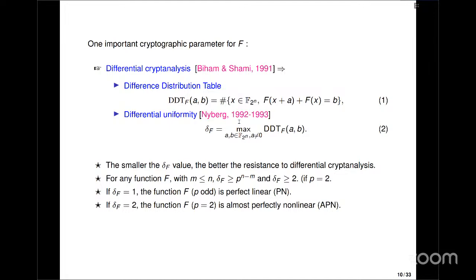The lower the number is, the better. The lowest value is 2, because it should be even. And this gives us the optimal function regarding this type of attack, the almost perfect nonlinear functions.